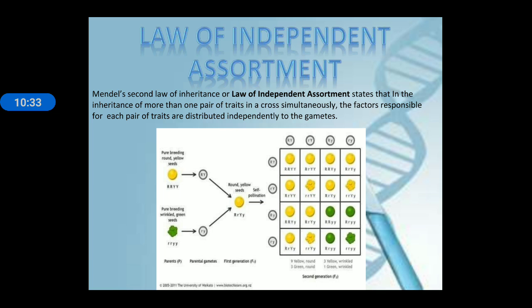When the cross is performed, a total of 16 combinations will form. Out of 16, four types of phenotype will be produced in the ratio 9:3:3:1. This is the ratio of a dihybrid cross. Dihybrid cross means two characters are chosen simultaneously for crossing, and in this cross we can easily interpret the law of independent assortment.